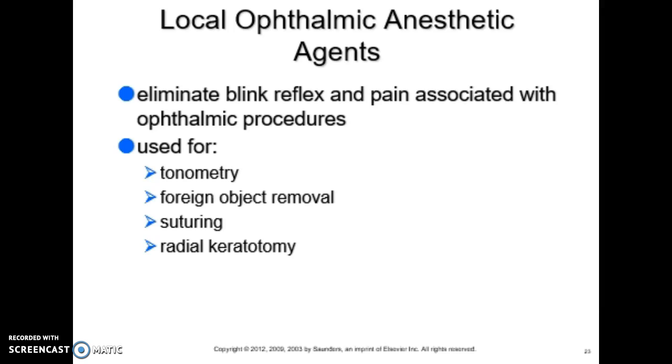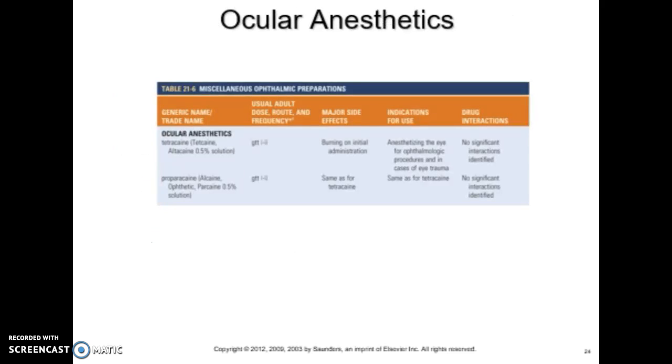They're used for tonometry, for object removal, suturing, and radial keratotomy. Tonometry is the measurement of the intraocular pressure, or the IOP, that we use to diagnose glaucoma. In table 21.6, you can see the miscellaneous ophthalmic preparations.